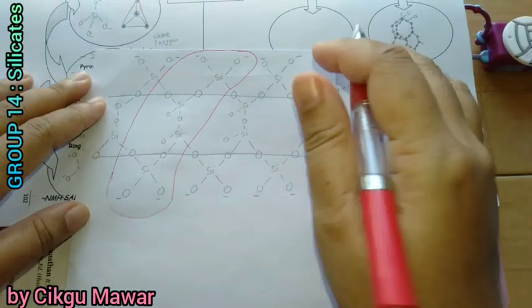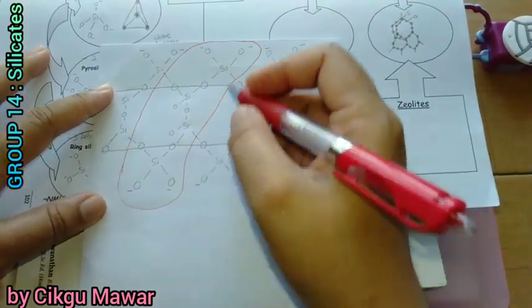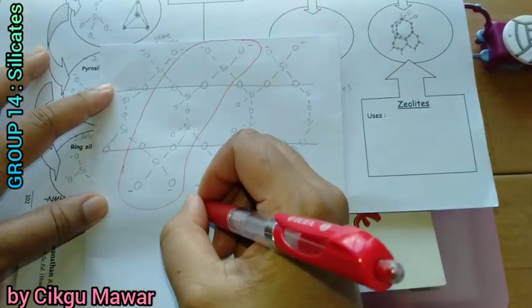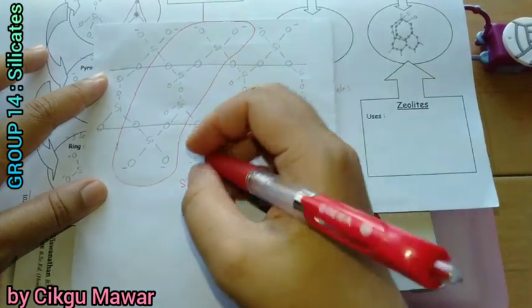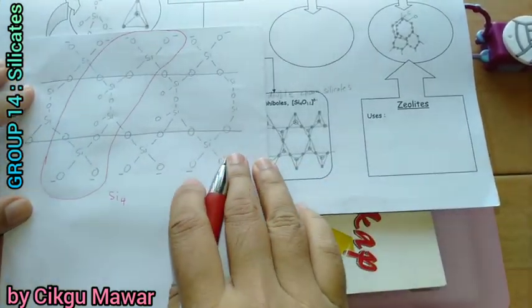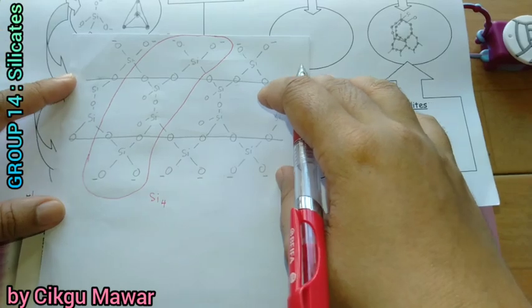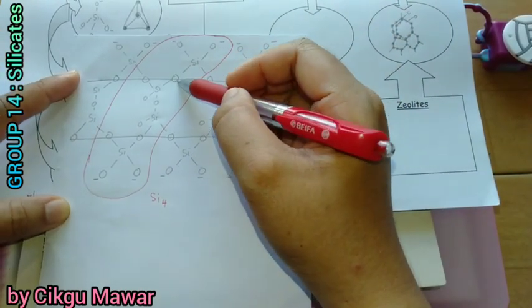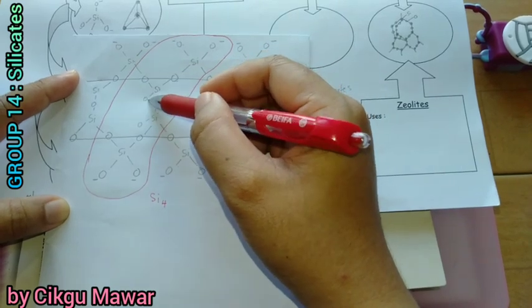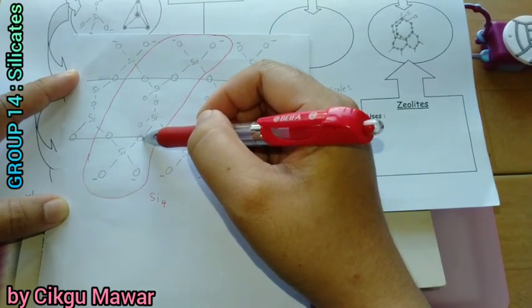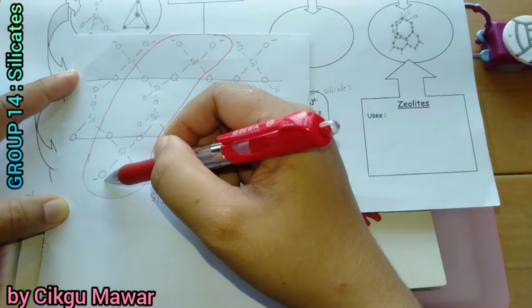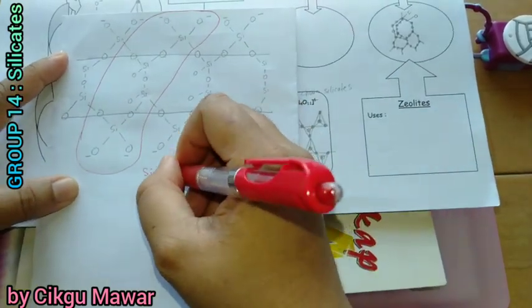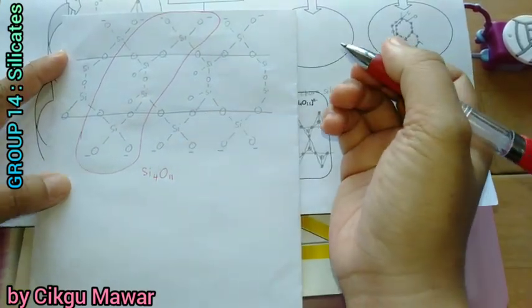Let's calculate the silicon: 1, 2, 3, and 4. We have 4 silicon here. Let's calculate the oxygen atoms: 1, 2, 3, 4, 5, 6, 7, 8, 9, 10, 11. So we have 11 oxygen here.